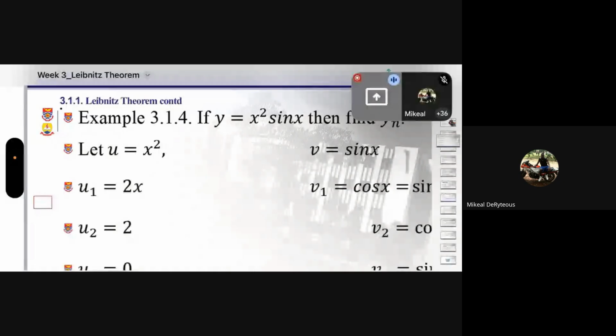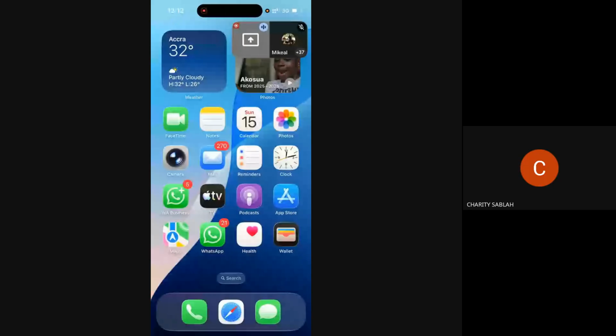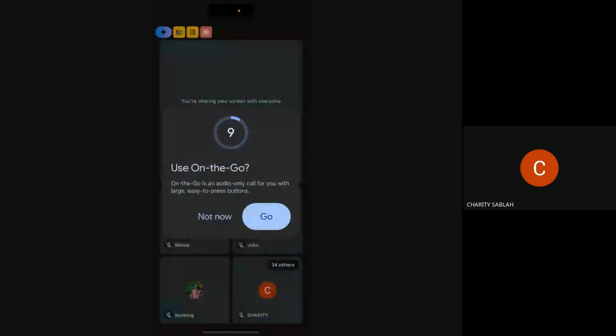Please, my computer is separate. I want to use my computer. Charity, where are you? Connect. Yeah, madam, hello. Please, I want to connect it to my laptop. Yeah, Charity, then you can start.